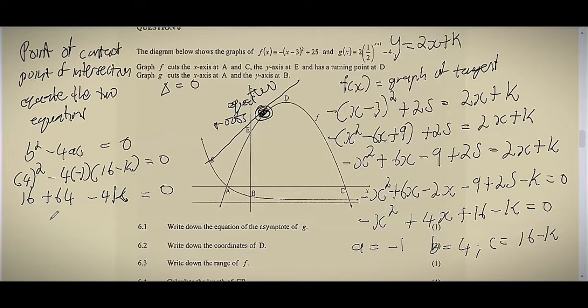Now at this point, what do we do? So this is going to be 16 plus 64. That should give us 80. If we cross over to that side, that's going to give us 4k. And then if we divide both sides by this 4, then our k will end up being equal to 20, right? So this would be equal to 20.